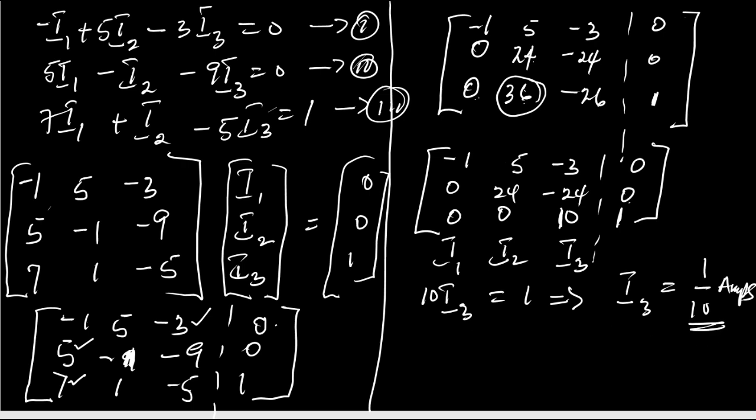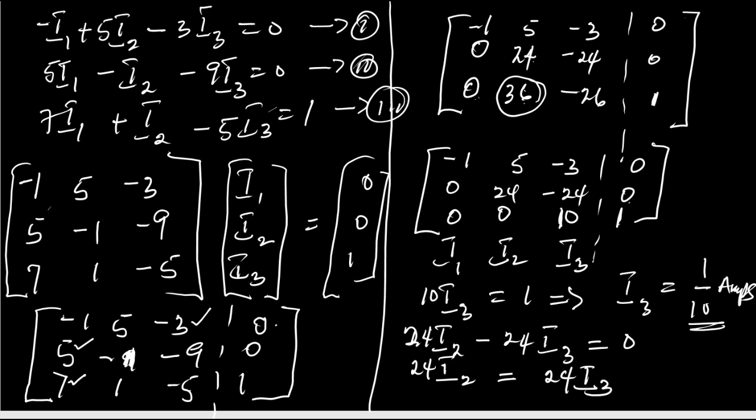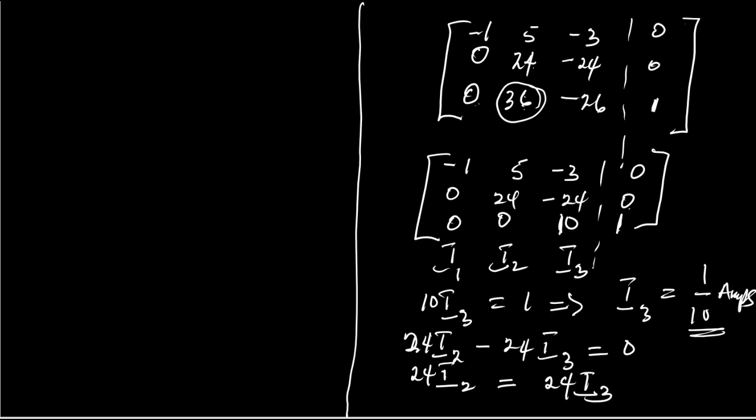If I3 is equal to 1 over 10 amps, in my row 2, I have that 24 I2 minus 24 I3 is equal to 0. So 24 I2 is equal to 24 I3.